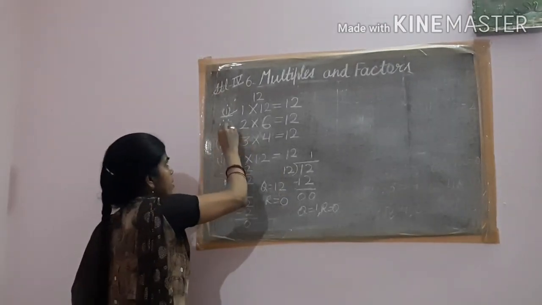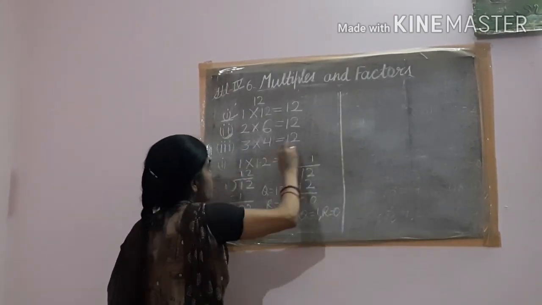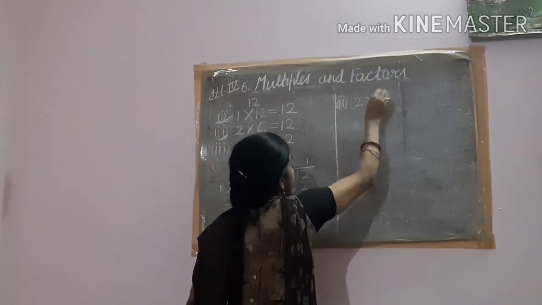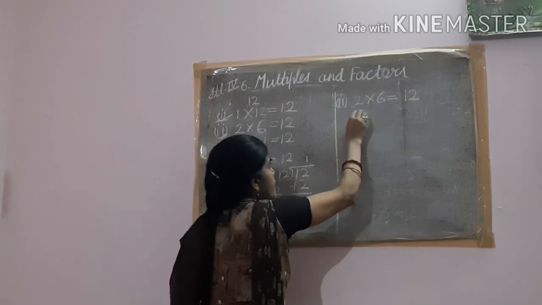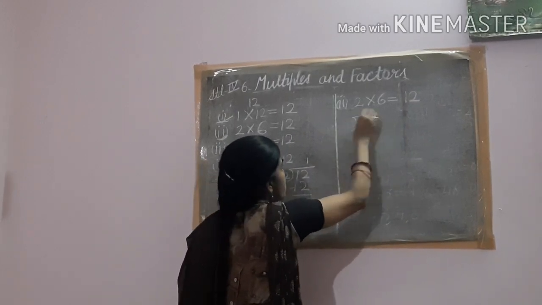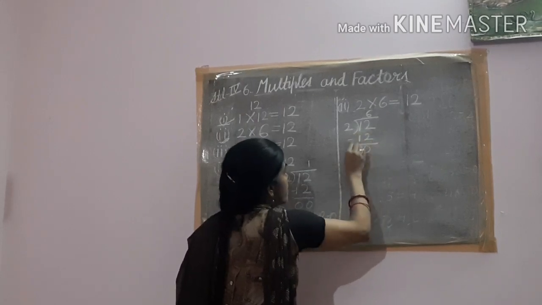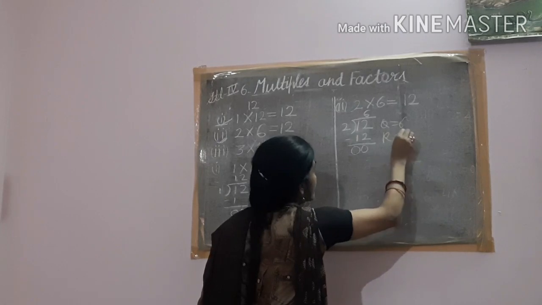Now let us take the second pair of product. The second pair of product is 2 multiplied by 6, that is 12. So here when you divide 12 by 2, 2 sixes are 12. Here quotient is 6 and remainder is 0.